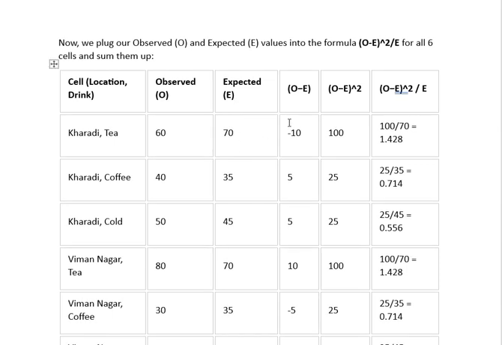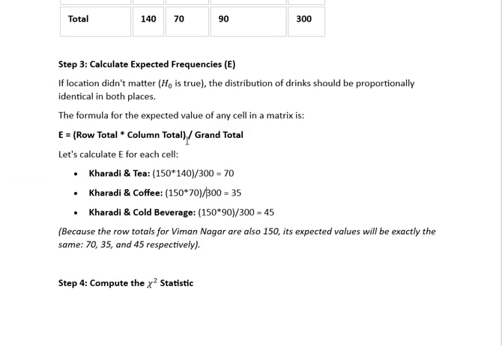Observed minus expected is 60 minus 70, sorry, minus 10. Observed minus expected, whole square, is equal to 100. Then divided by expected: 100 divided by 70.